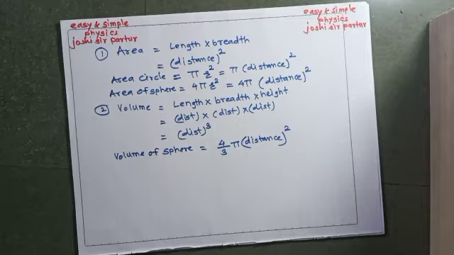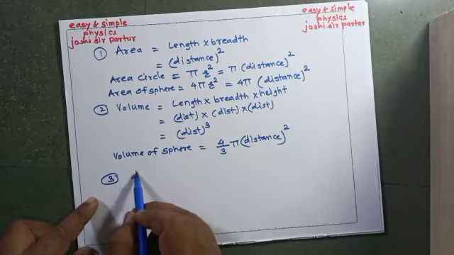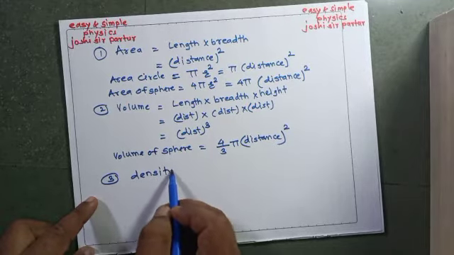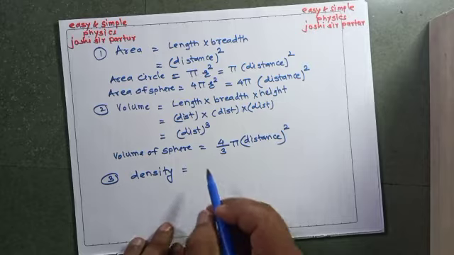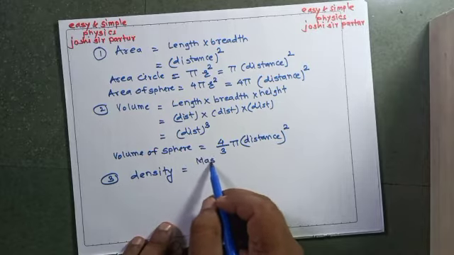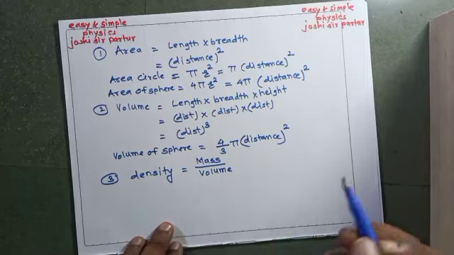The third physical quantity will be density. The formula for density is the ratio of mass to volume.